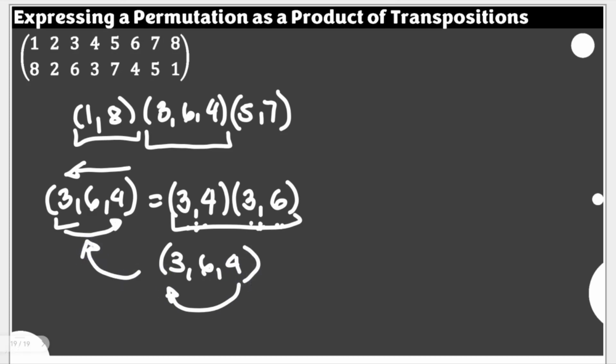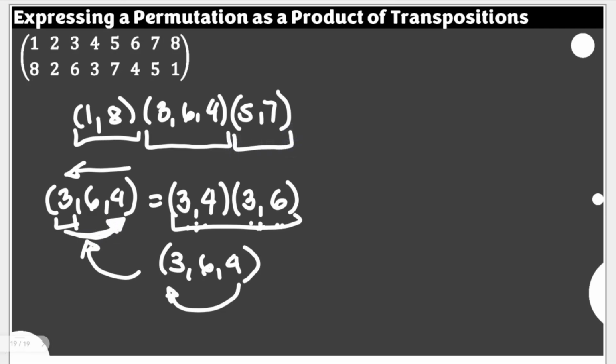That is how you write a cycle with length more than 2 as transpositions. We use the first element and pair it with the farthest, going from right to left. By the way, (5 7) is already a transposition.